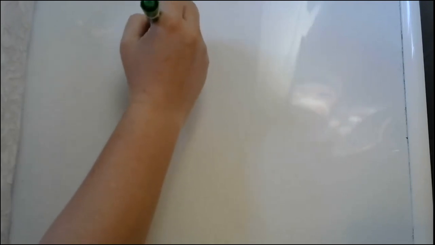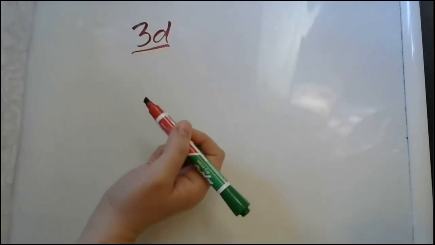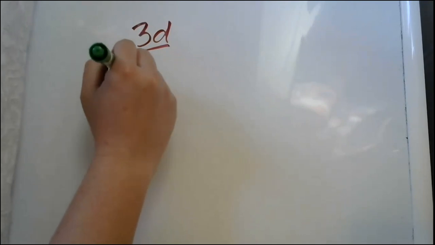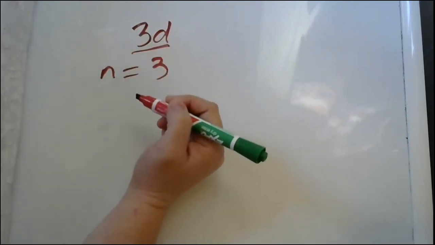If I have a 3d orbital, that means that my n value is going to be 3.